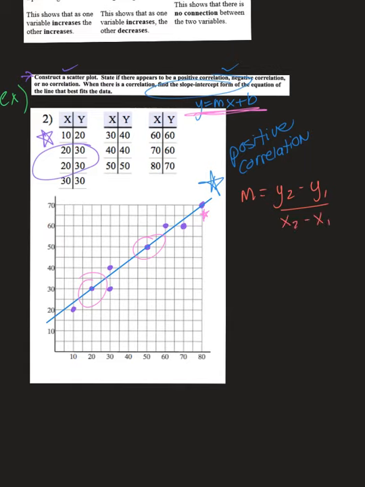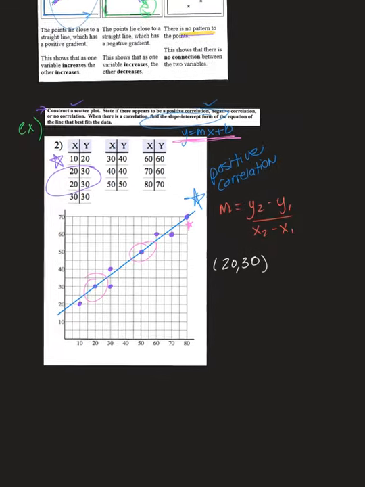And we also need to write down the 2 points that we found. So the first one was 20, 30, and then the other point was 50, 50. Let's now label our x1, y1 and x2, y2.